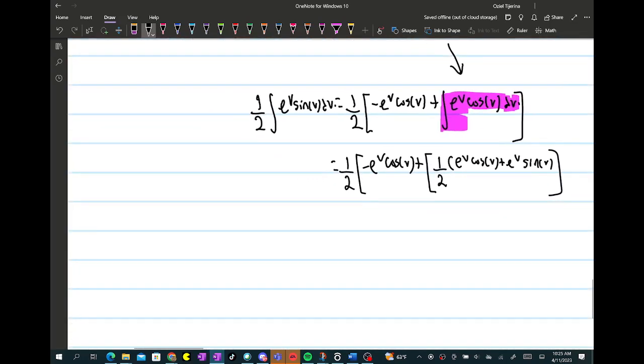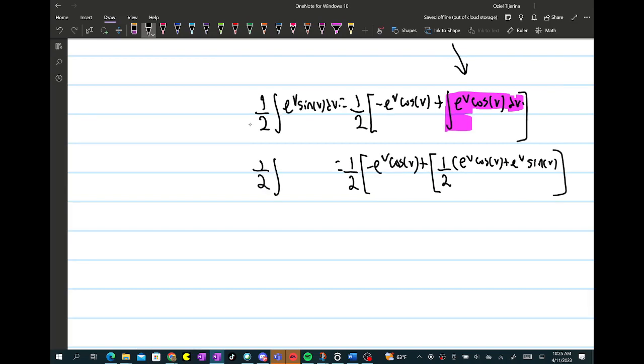Okay, and this is equal to 1/2 integral of e to the v sine of v dv. Let me write that a little better. It's equal to 1/2 integral of e to the v sine of v dv is equal to this whole thing.